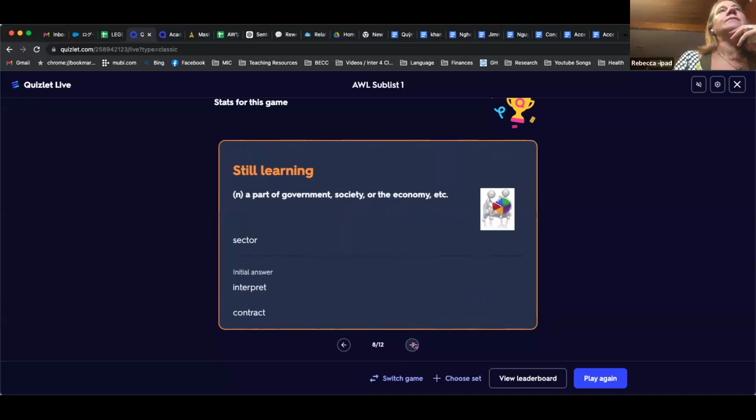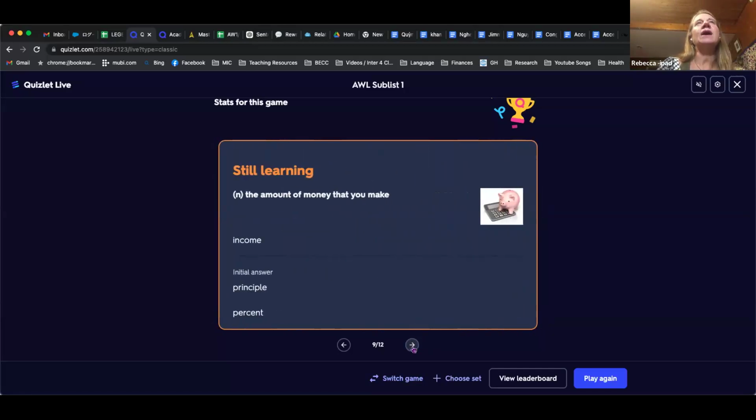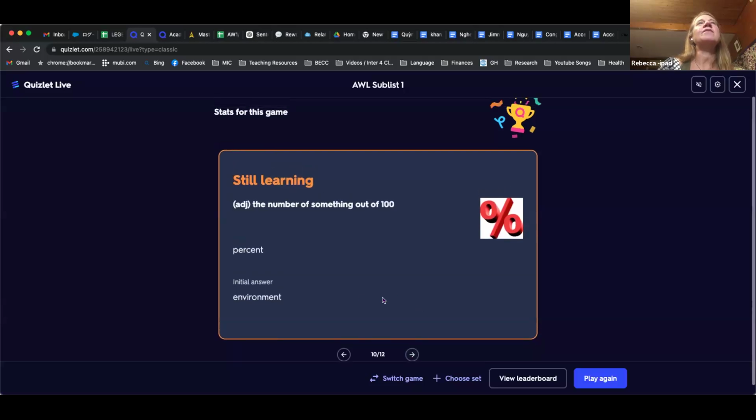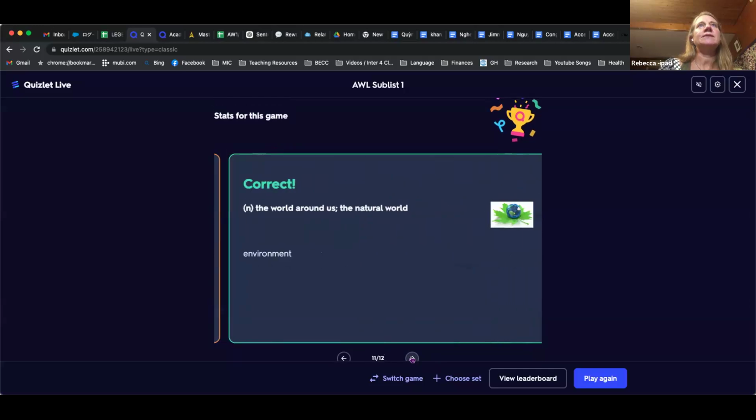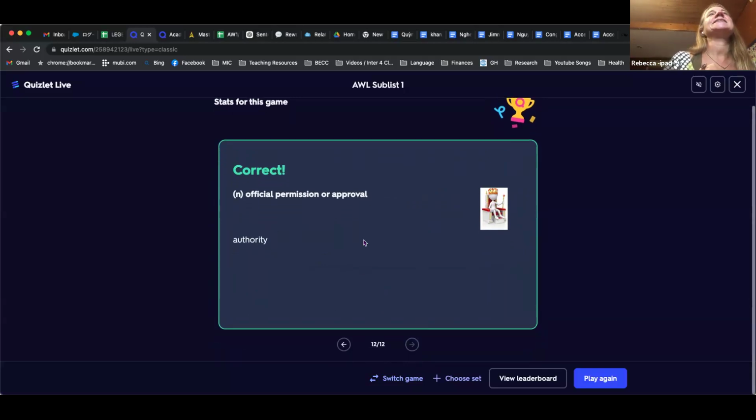Sector. We have this word when we talk about parts of the government or of the economy. We can say like the travel sector, the education sector. Income, how much money you make. Percent, the number that's out of 100. Environment, we all know that one, yay. And authority. Excellent.